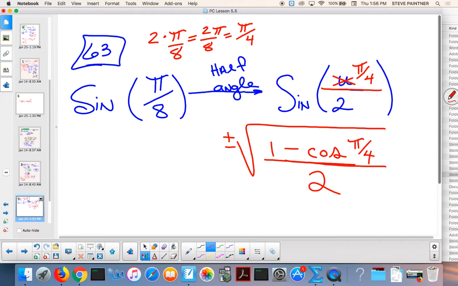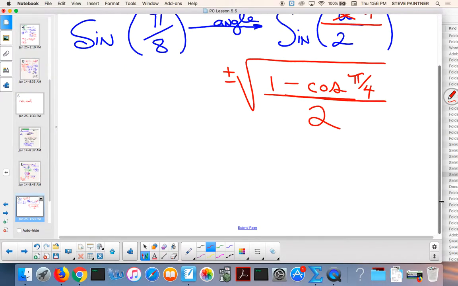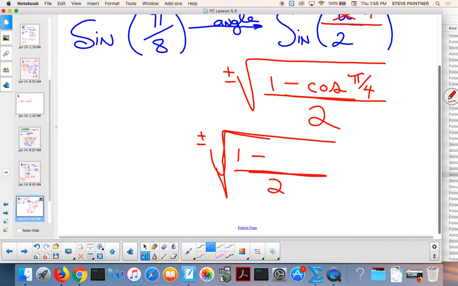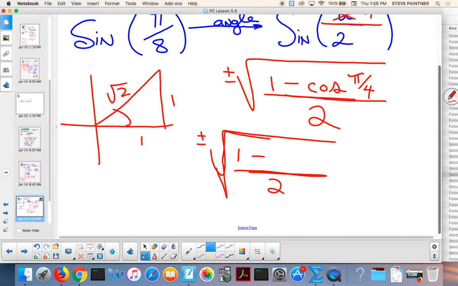Stick it in, work it out, see what you get. Pi over 4 is quadrant 1, 45 degrees. What's cosine of this? Square root of 2 over 2.